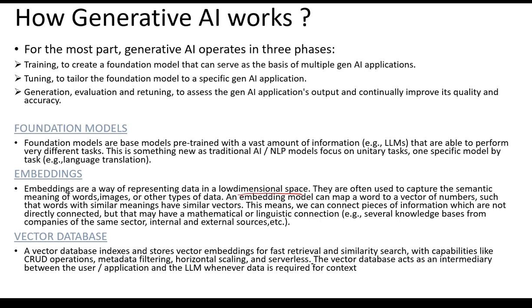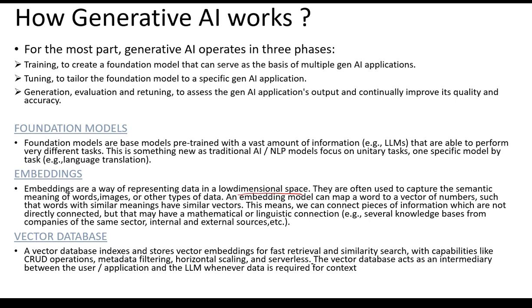Then it will be very difficult for a machine to find the nearest point or do the calculation. But if we squeeze it into low dimensional space, it becomes very easy to represent the data and do the calculation as well. So embeddings represent the data in a low dimensional space. They are used to capture the semantic meaning of words, images, or other types of data.